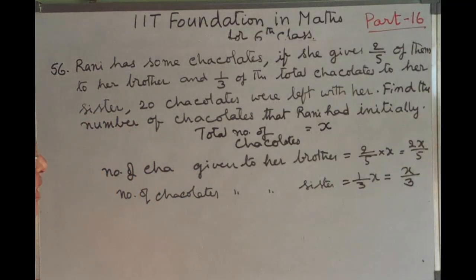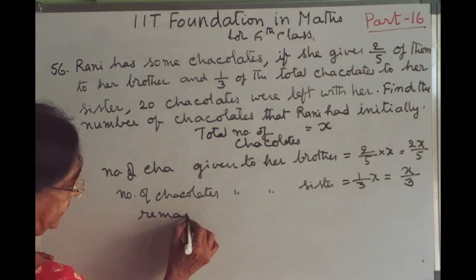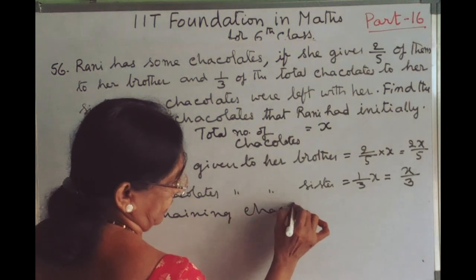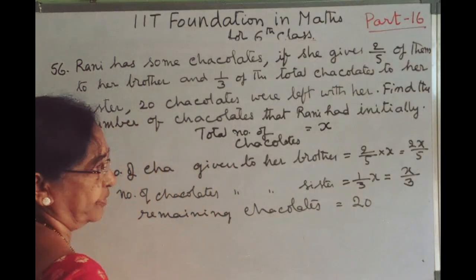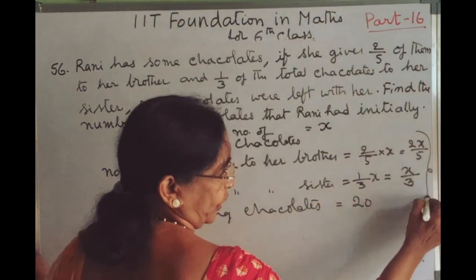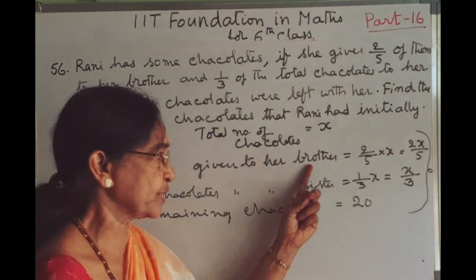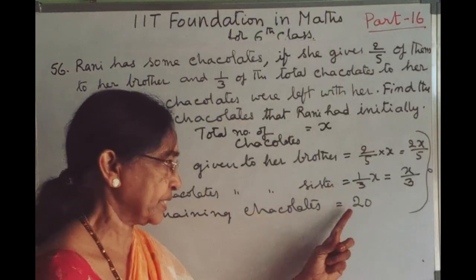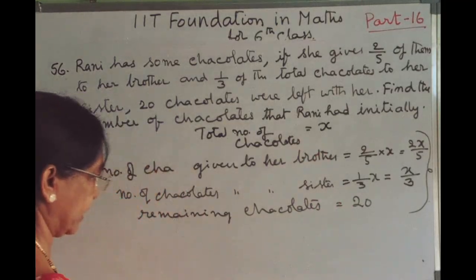Then 20 chocolates were left with her. So remaining chocolates is equal to 20. Therefore, total chocolates is chocolates given to his brother, number of chocolates given to his sister, plus number of chocolates left with her. These are the total chocolates.